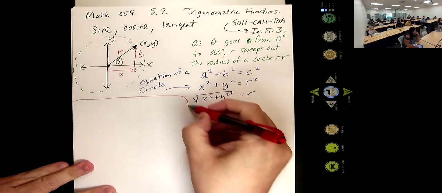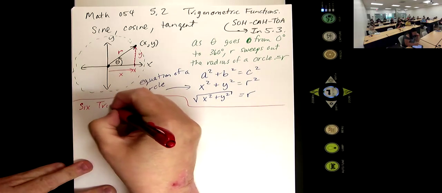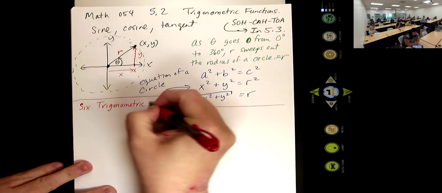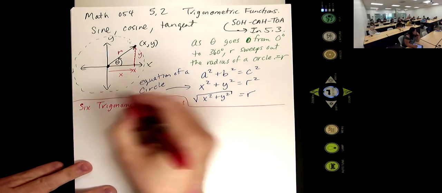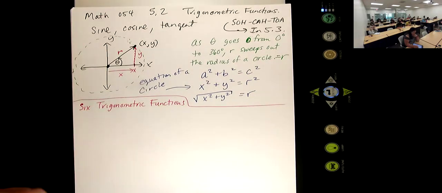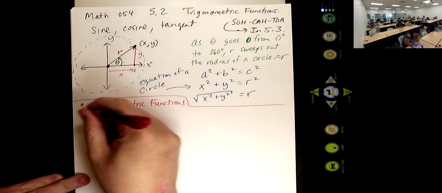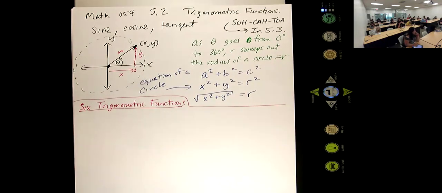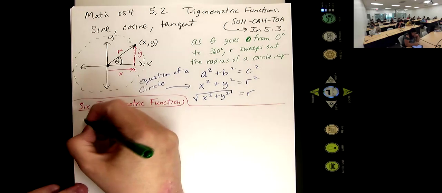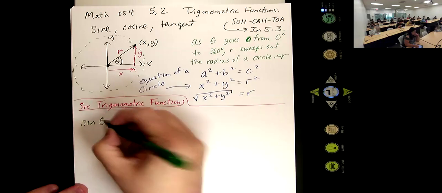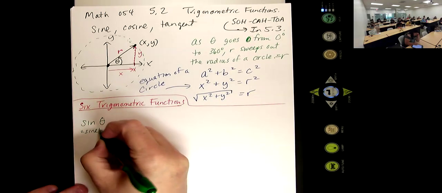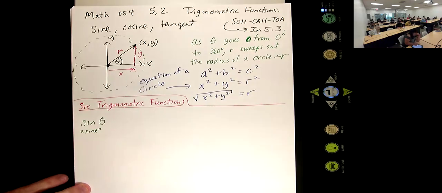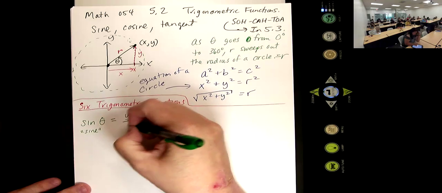We have 6 trigonometric functions. So sine of theta, pronounced sine, equals y over r.